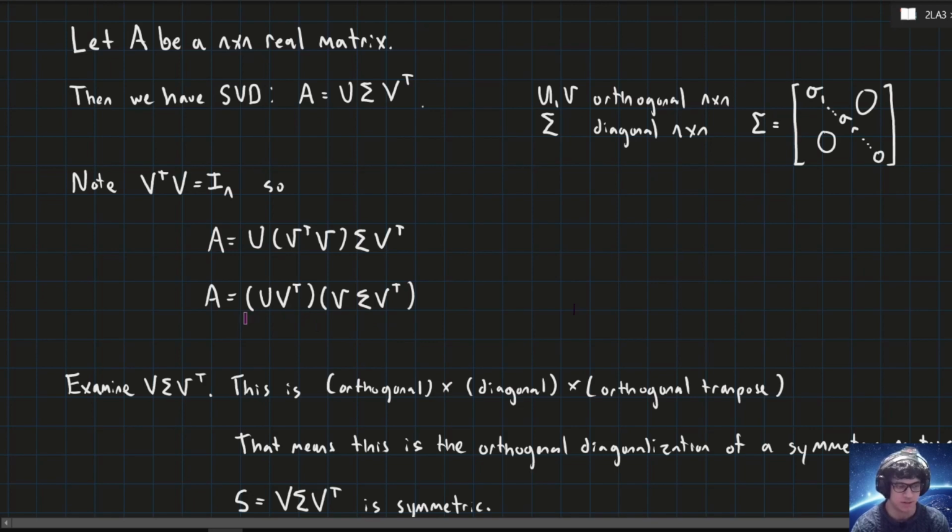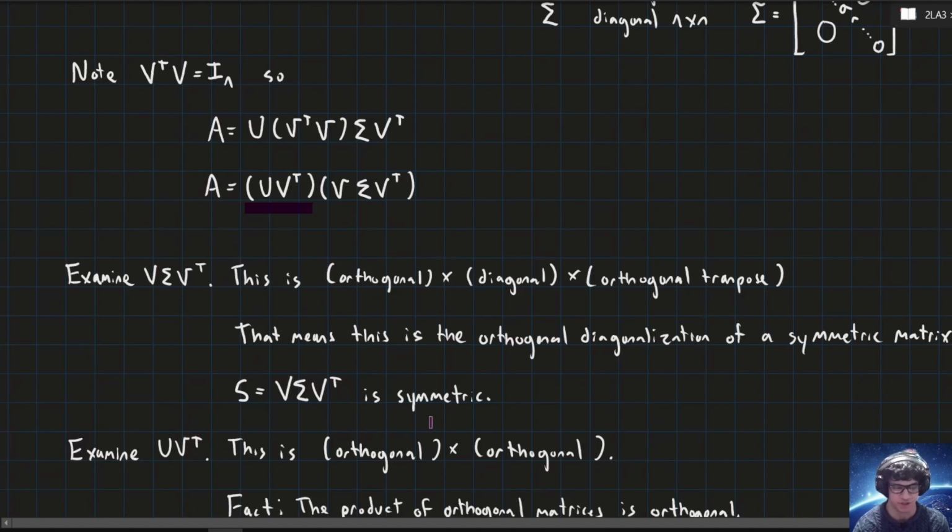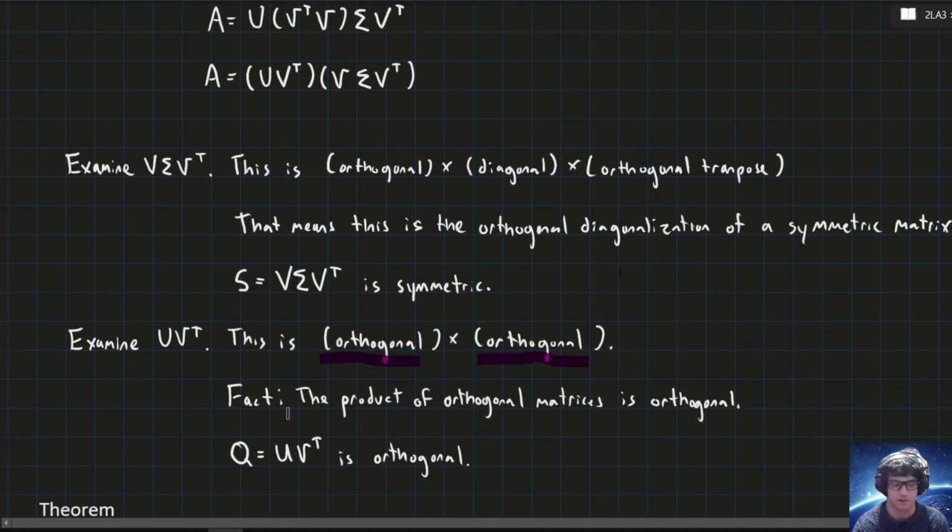So let's examine the first factor here, U times V transpose. This is orthogonal times orthogonal. And there's a fact that the product of two orthogonal matrices is again orthogonal. I don't think we prove this, but it's not too difficult to show. It should be believable, since an orthogonal matrix is a rotation. So a rotation and then a rotation is again just another rotation.